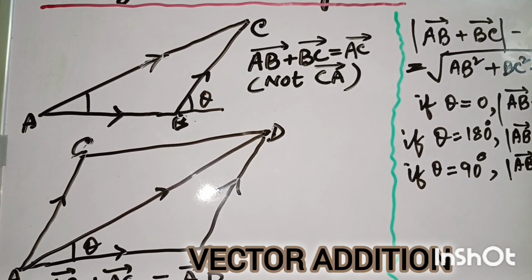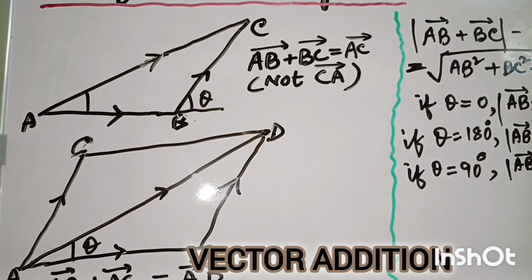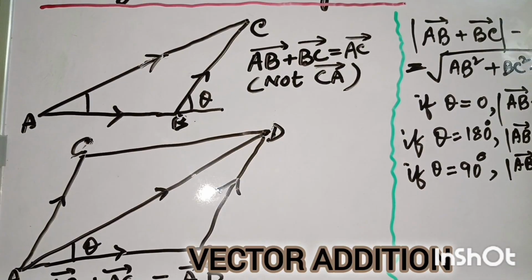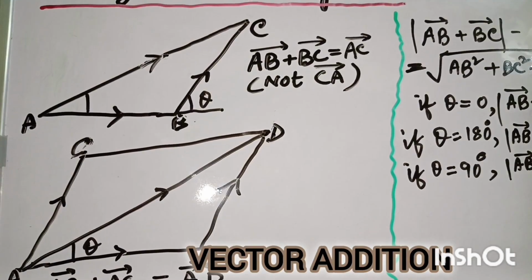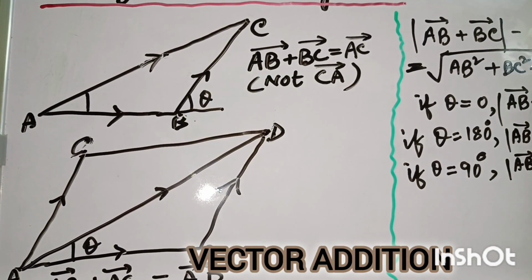The rule states that if two vectors are represented by two adjacent sides of a triangle taken in the same order, what does it mean? Taken in the same order means they are added head to tail. Then the third side taken in the reverse order will give the resultant of these two vectors.